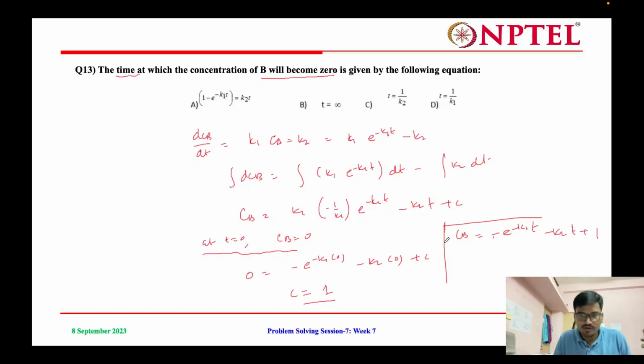So for CB equal to 0, 1 minus e raised to the minus K1 t equals K2 t. That is the option.